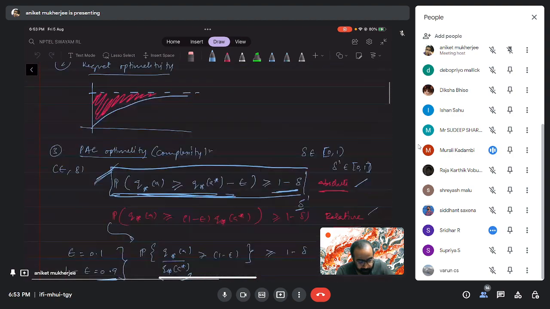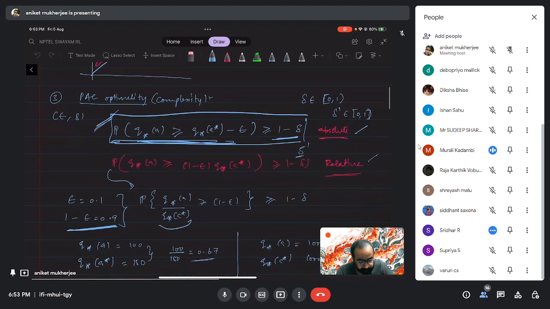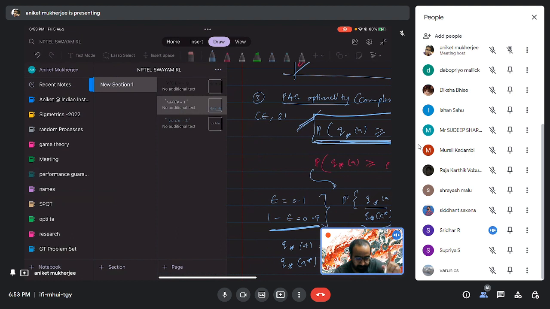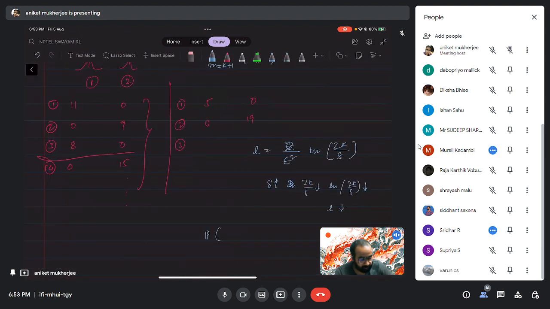So the optimal arm with probability 1 minus delta, that's what delta is. So I want to decrease my delta in PAC complexity, right? Correct, so that you get the most probable optimal arm, which is epsilon close to the optimal arm. So decreasing delta.